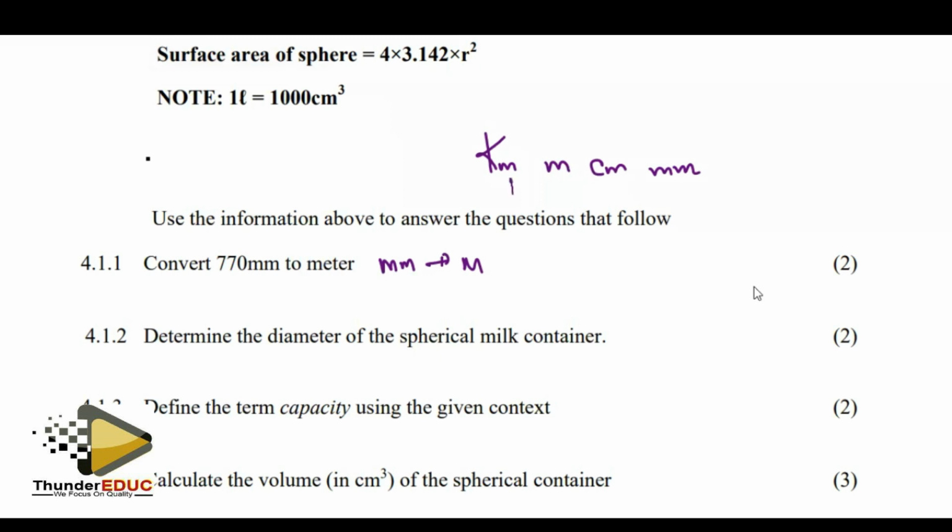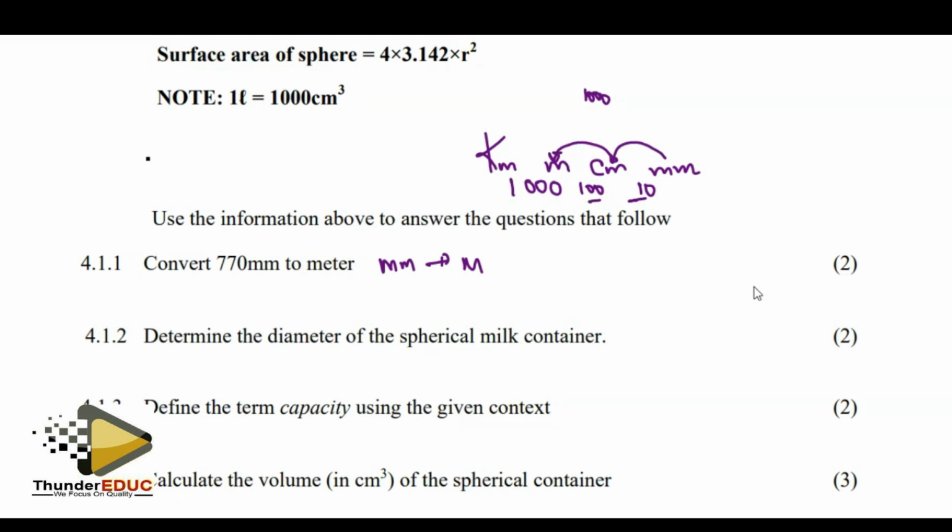Between kilometer and a meter we have 1,000. Between a meter and a centimeter we have 100, and between centimeter and millimeter we have a 10. So simply meaning we need to change the millimeter to centimeter, then we change it to meters. But when you look at it critically, approximately it's 1,000.